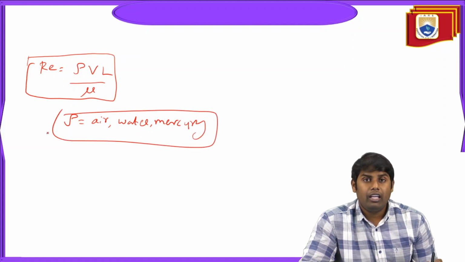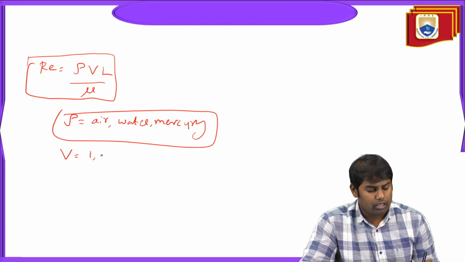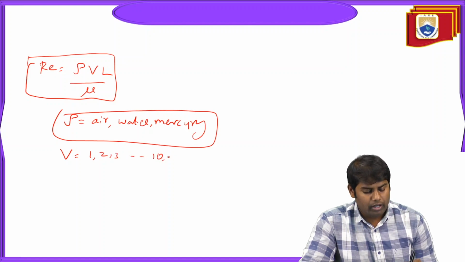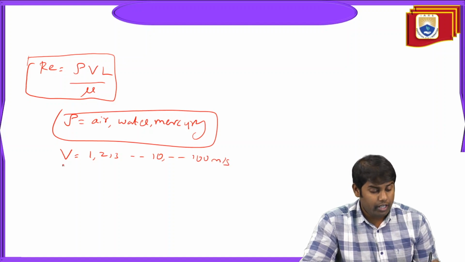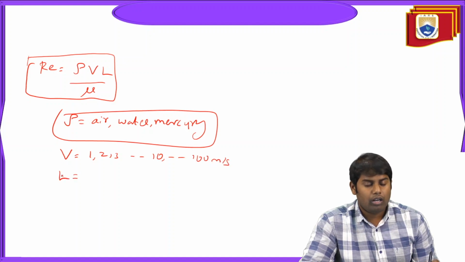Will the results vary or not? That is also important. Next, velocity. If I change from 1 meter per second, 2, 3, till 10, or let's say till 100 meters per second, how will the results vary? And the length here will be the hydraulic diameter, or the diameter of the cylinder. So the diameter.